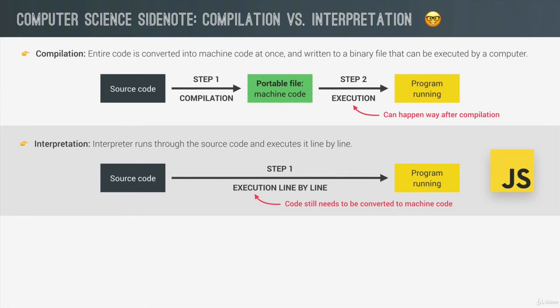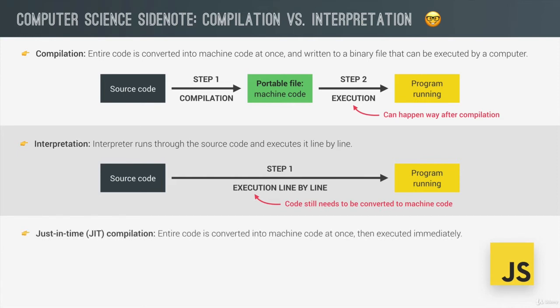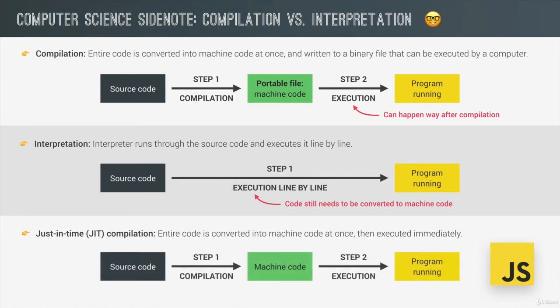So instead of simple interpretation, modern JavaScript engines now use a mix between compilation and interpretation, which is called just-in-time compilation. This approach basically compiles the entire code into machine code at once and then executes it right away. So we still have the two steps of regular ahead of time compilation, but there is no portable file to execute, and the execution happens immediately after compilation.